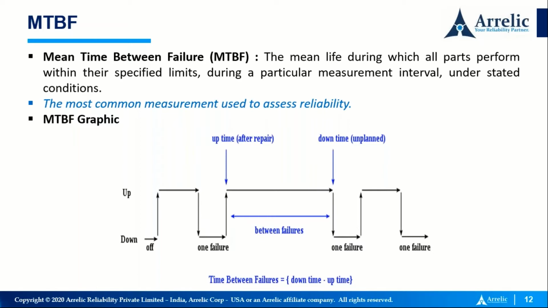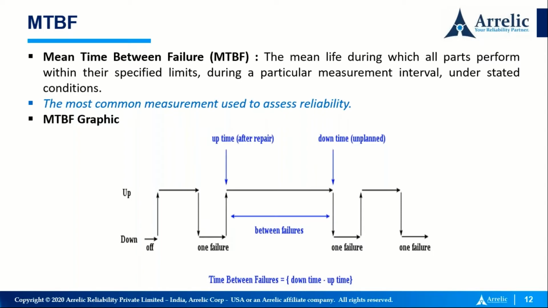So if the asset is designed to deliver a certain flow rate at a certain pressure, at a certain temperature, at a certain atmospheric pressure, if you change these criteria, then you're not utilizing the asset under the stated design conditions.